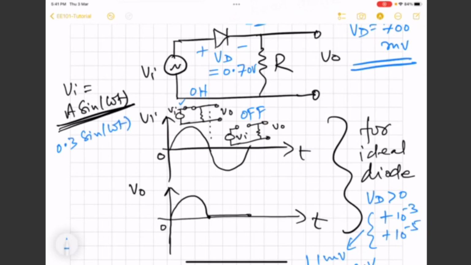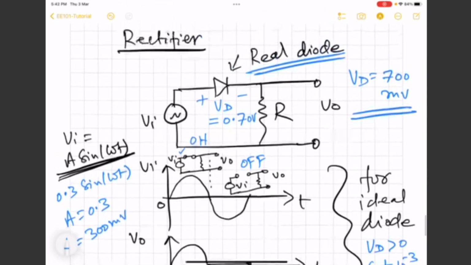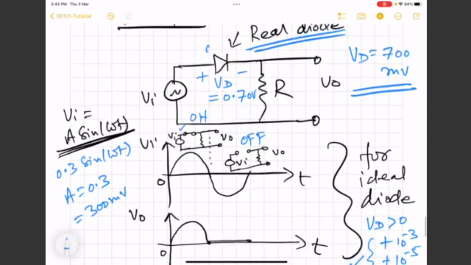Here the amplitude A is 0.3, 300 millivolt. Even if this 300 millivolt appears across this diode, it is less than 0.7 or 0.65, whatever you want to choose. So this diode is never going to switch on.